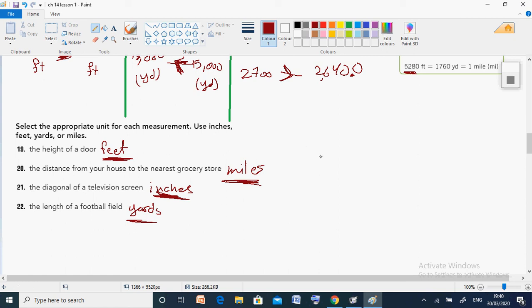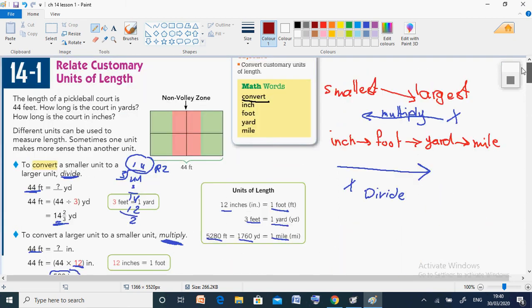Okay, again, before I finish this lesson, we have to keep in our mind that if we are converting from the smallest unit to the largest unit, we have to divide, and from largest to smallest we have to multiply, right?